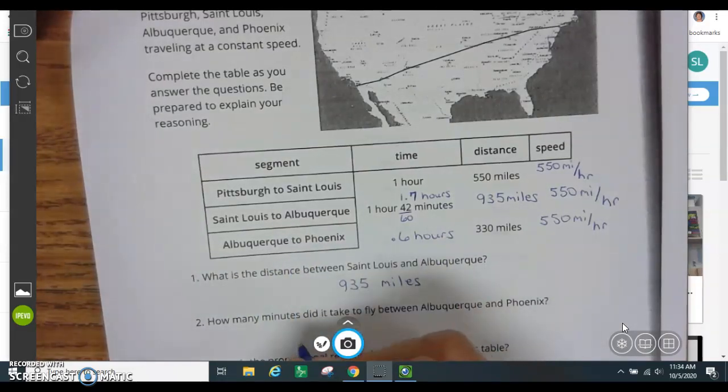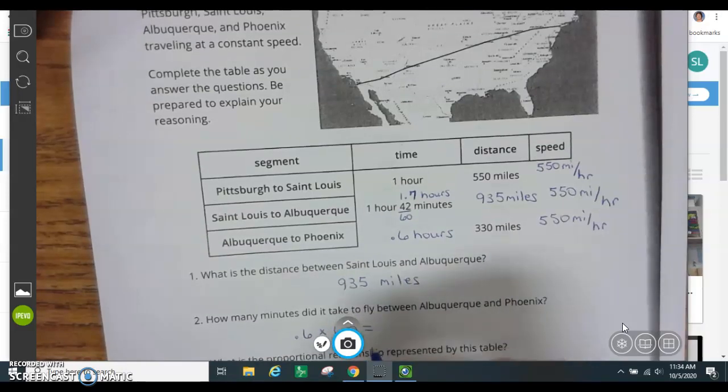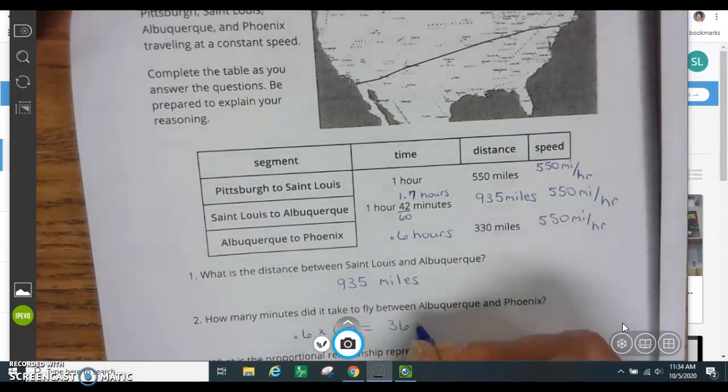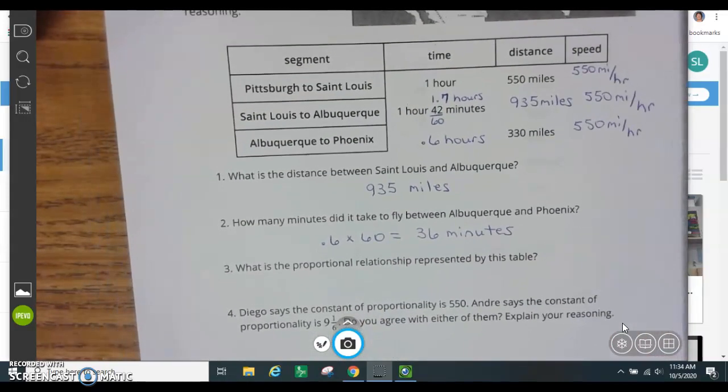So 0.6 hours. Well, that would be 60 minutes in an hour. So take 0.6 times 60, and you'll see you get 36 minutes. Because there's 60 minutes in an hour.